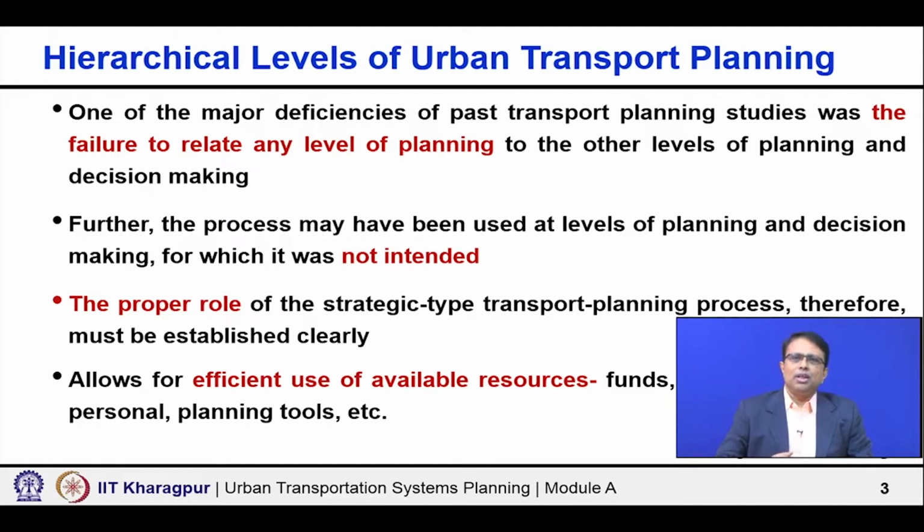There are different levels at which planning work is done, and it is very important how one level of planning connects to the next level, sometimes one stage up or one stage down, different layers of planning, so that they get connected properly. That is very important. So, that was one major problem which was identified in past transportation planning studies.